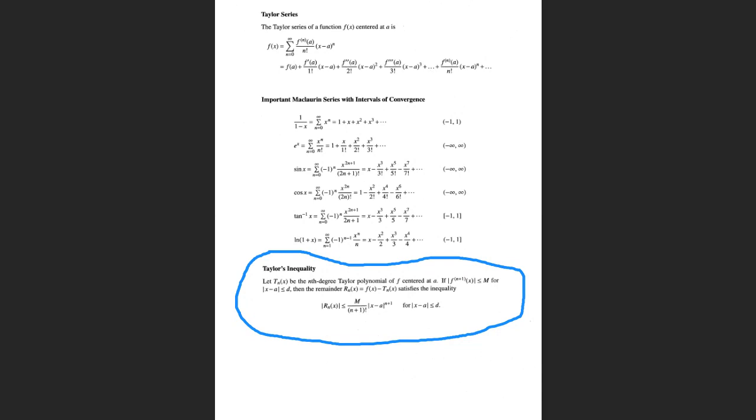So this is the error bound on the right-hand side, and M is greater than or equal to the absolute value of the n plus first derivative. Well, since we are looking at a fourth degree Taylor polynomial approximation, we're looking at the error bound of R sub n of x. No, well, I want to be careful.